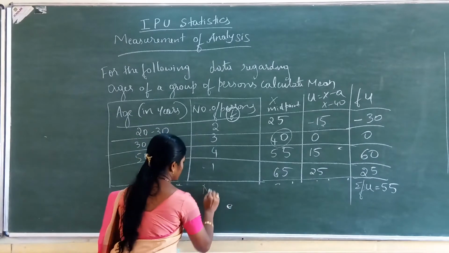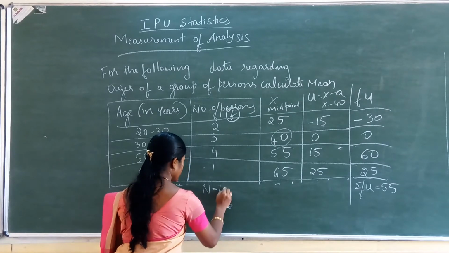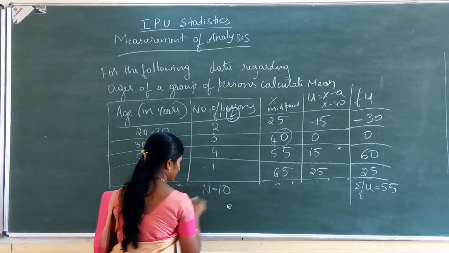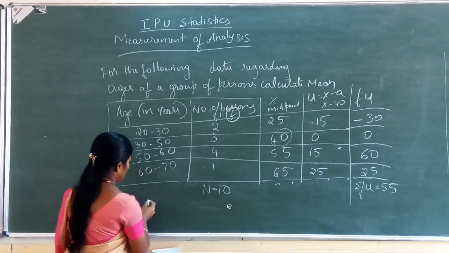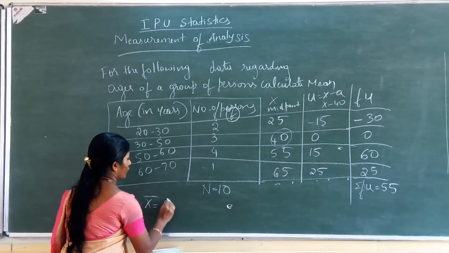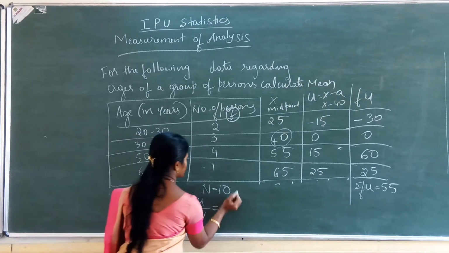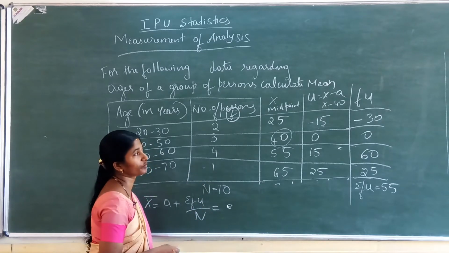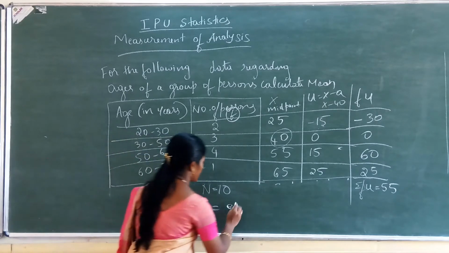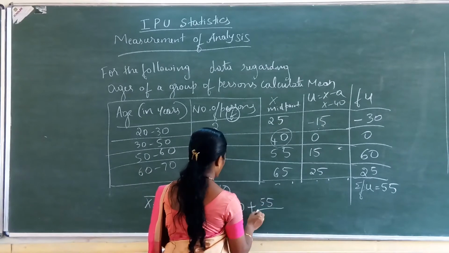The total value n is equal to 2 plus 3 plus 4 plus 1, that is 10. Now calculate this one. X bar is equal to a plus sigma fu divided by n. A is the assumed mean or assumed value that we have chosen, that is 40, plus sigma fu 55 divided by n.